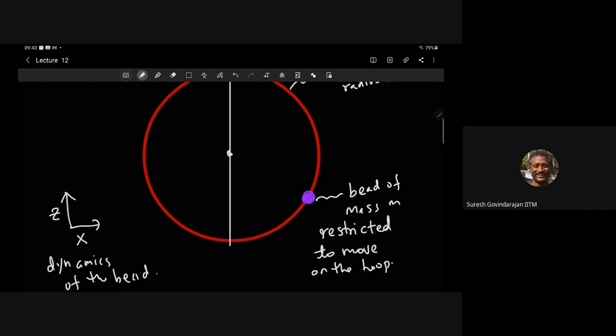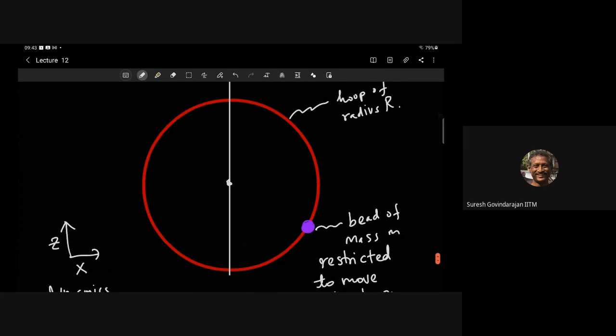Okay, we'll live with my poor straight line. Let's say this angle is theta.